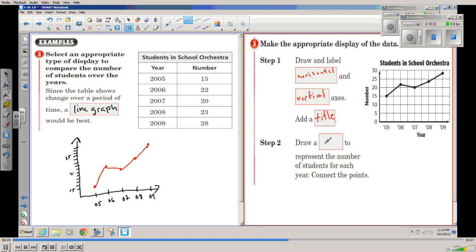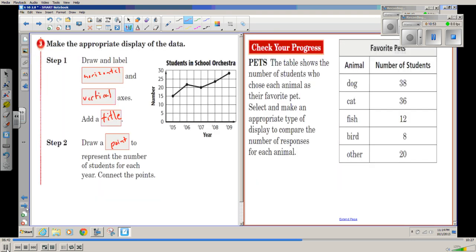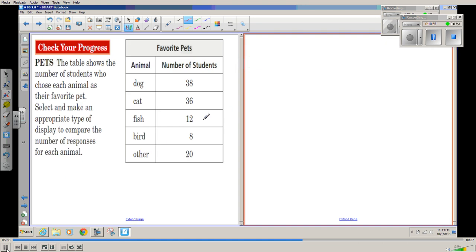Add a title, and then draw a point to represent the number of students for each year. And then connect your points, which I just did here, and which you can see here. So you can see the graphs are very similar. You can see they increase every year. They increase overall. That's pretty straightforward.